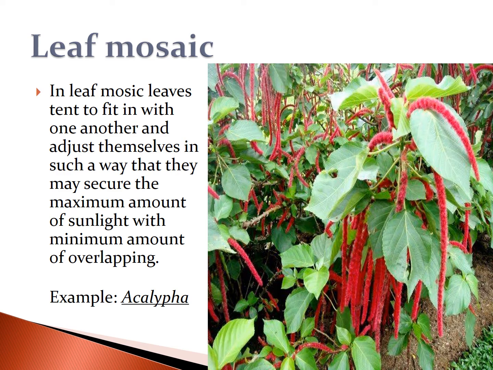So the use of it is to avoid excess sunlight; we can't control the sunlight in heavy afternoon time. So these types of plants form mosaic leaves to avoid sunlight. For example, Acalypha. Look at this picture carefully. This is an Acalypha plant, an example of leaf mosaic plants.